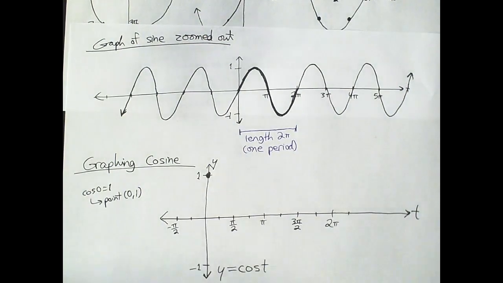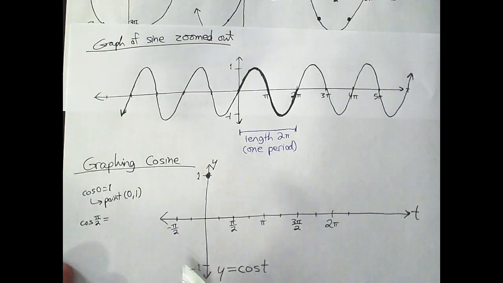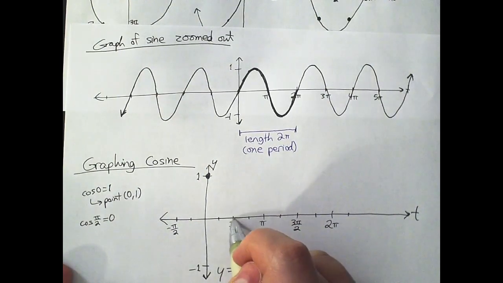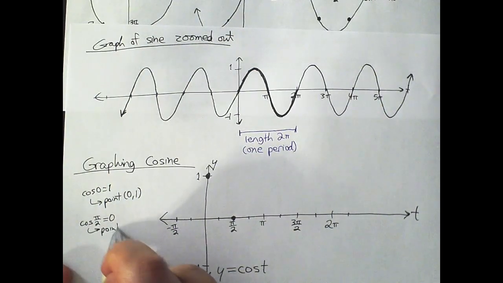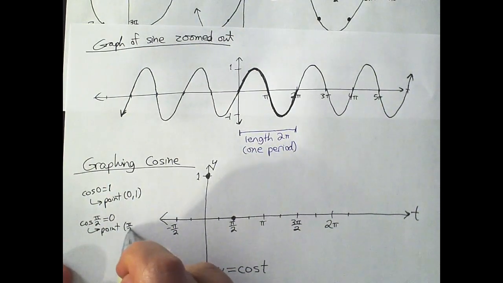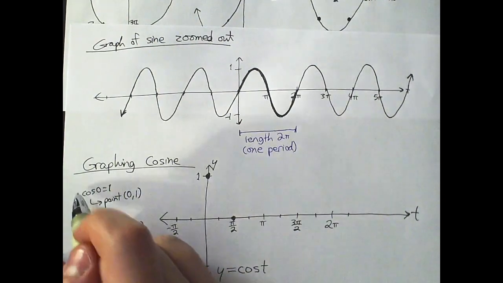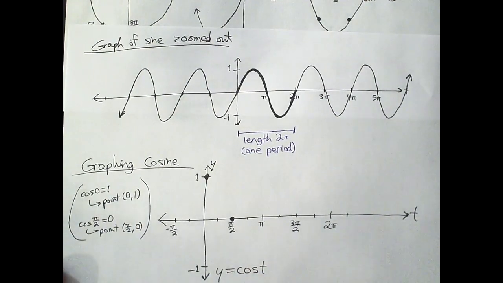Okay. What is cosine of pi over 2? I'm looking at my unit circle, and it looks like the x-coordinate is 0, so that would give me a point here. At this point, I'm going to stop doing the little scratch work off to the side and say we can just do that in our head looking at the unit circle.